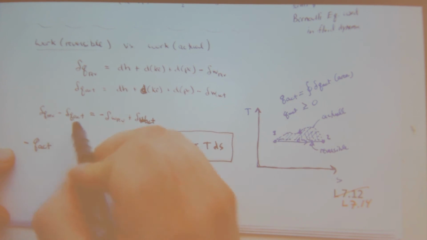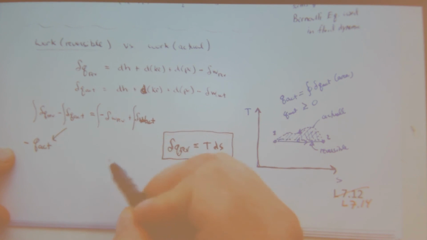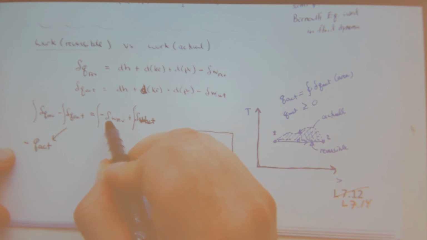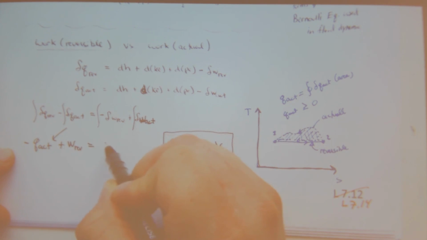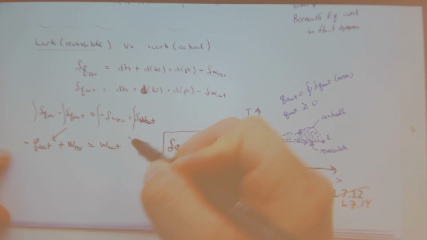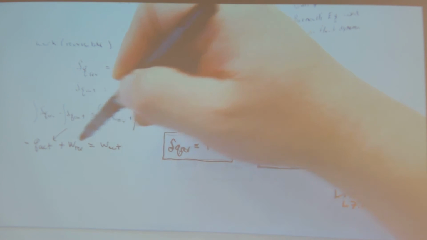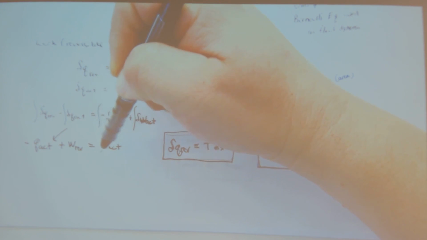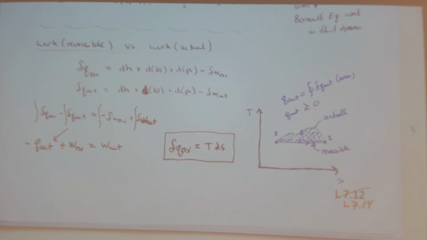When I integrate it, I can integrate both sides, right? So I get that. And then I integrate that, so I have plus work reversible equals work actual. So in this case, because I know that is there, work actual is always going to be what? Larger, greater than, or less than work reversible.